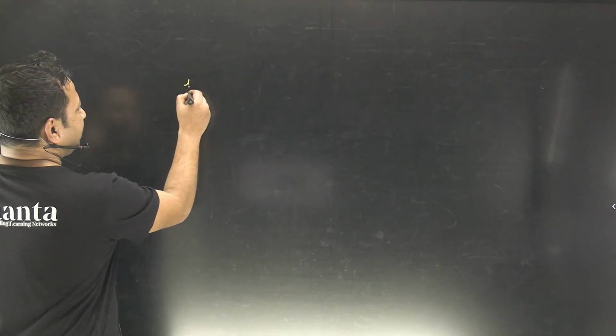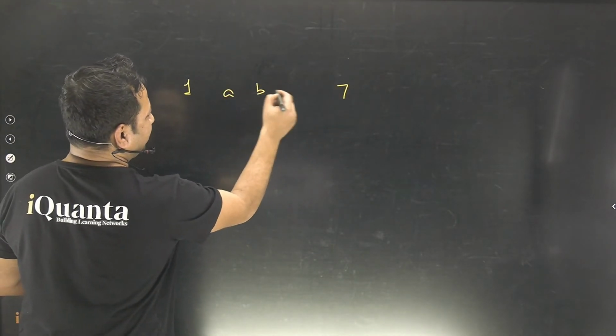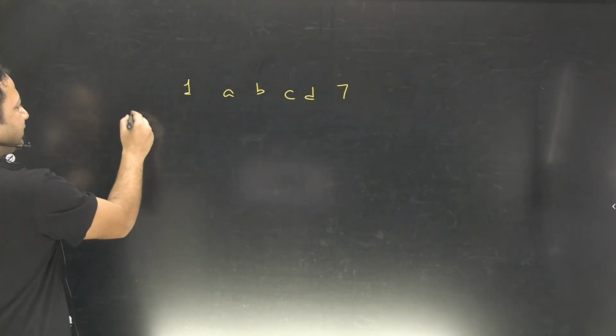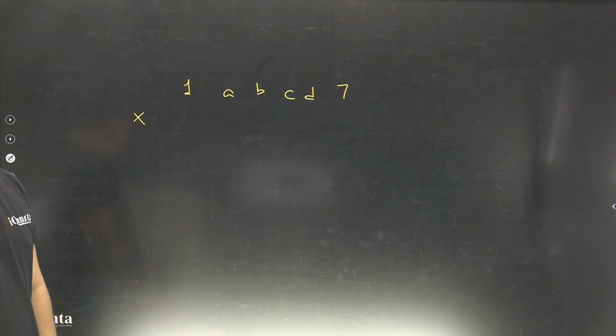Again, I can make another question like this. The number starts at 1, ends at 7. Okay, I'm making one more question. Let's do one more question and let's see how many of you solve it correctly. Okay, look at this.